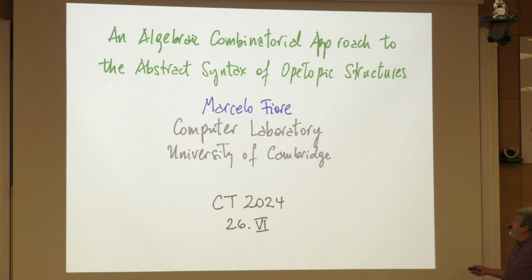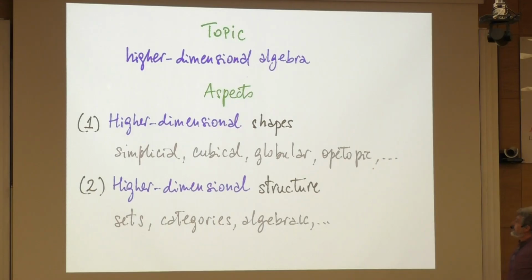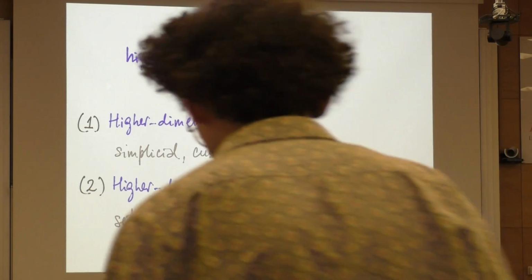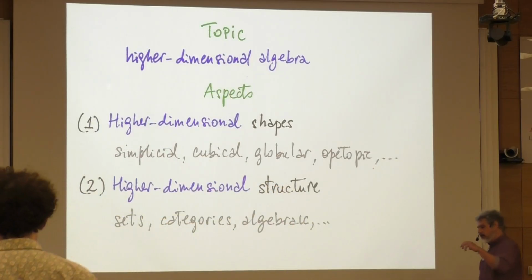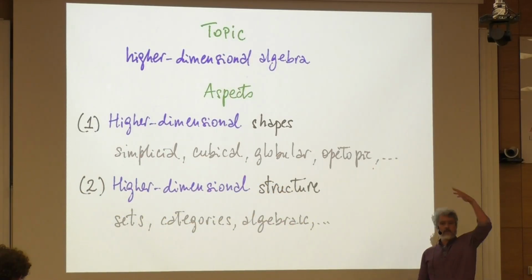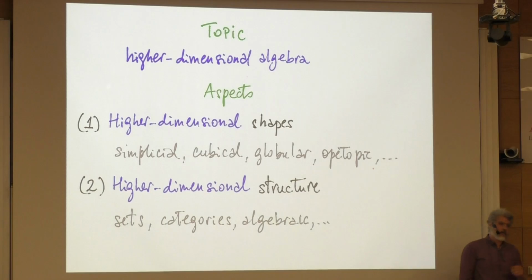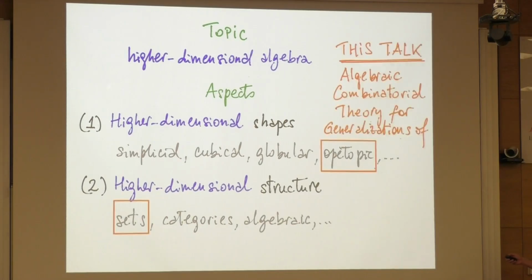In a sense, what I'm going to do is provide an algebraic approach to understanding how we generate higher dimensional structure, as you understand it in higher dimensional category theory, in the context of Opetopic sets.